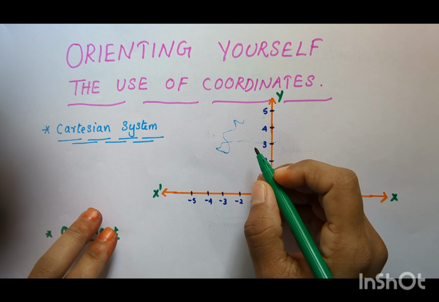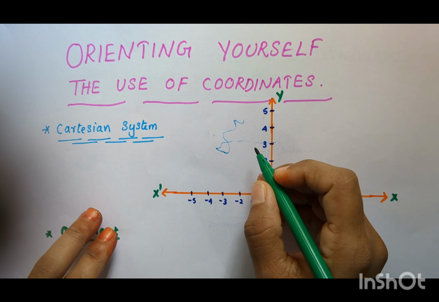So, this is considered as the x-coordinate. Here we have 3, so its x-coordinate will be 3. 3 comma. What will be the y-coordinate of this point? That is this perpendicular distance, which is equal to 4 here. So, the ordered pair 3 comma 4 represents the position of this particular point P in the Cartesian plane.